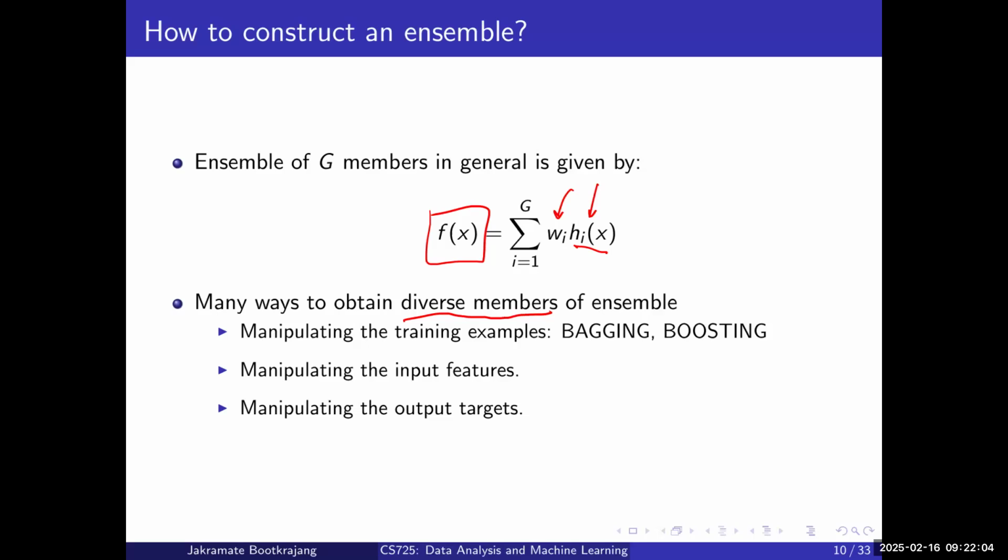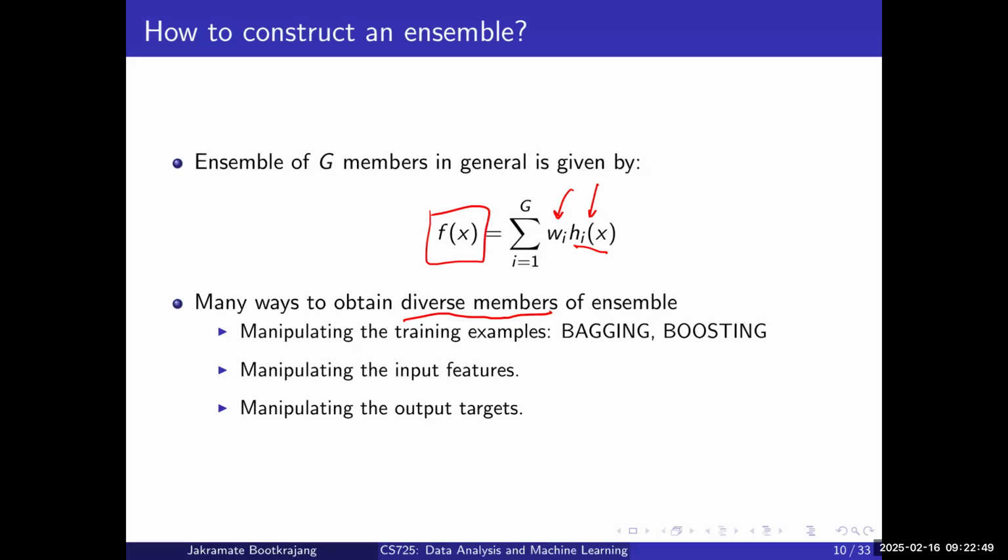The way that we make them different, there are three main paths that you can pick. The first one is by manipulating the training examples. Perhaps if we train them with different examples, there is more chance that they will be different. We can also manipulate the input features, because our data has a lot of features. So maybe we just pick some of them for this classifier, and the others for another classifier.